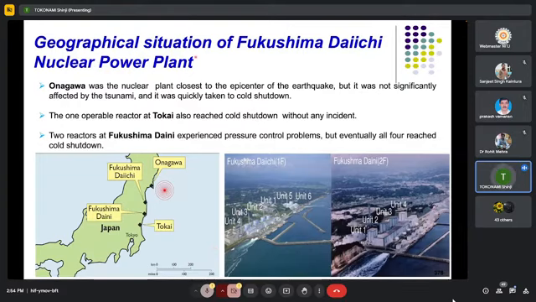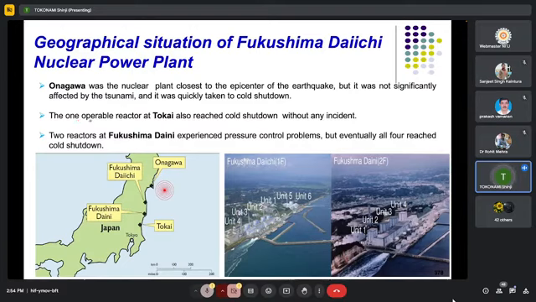Here is the geographical situation of the Fukushima Daiichi nuclear power plant. Onagawa was the nuclear power plant closest to the epicenter of the earthquake, but it was not significantly affected by the tsunami, and it was quickly taken to cold shutdown.